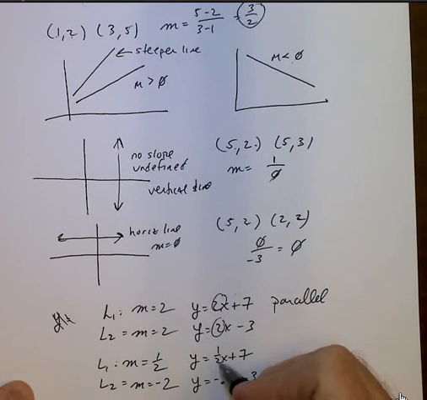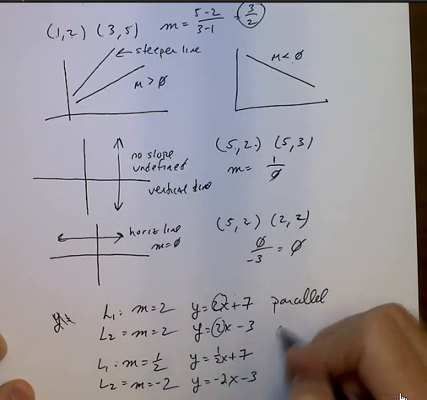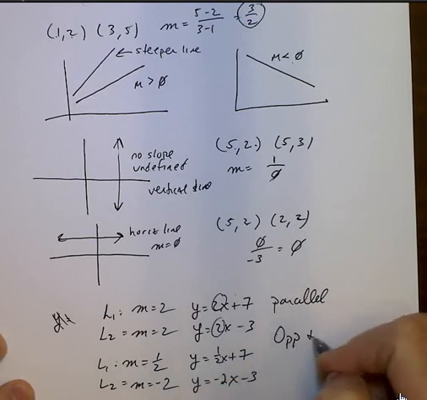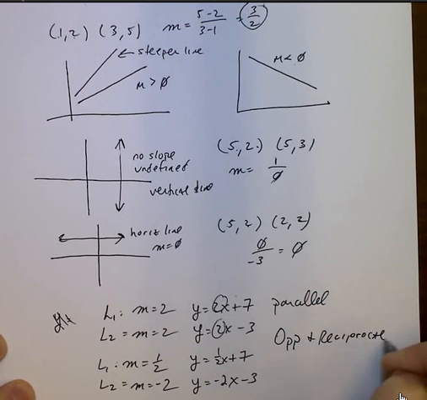Well, you can see that the sign has been switched from a positive to a negative, and you can see that the fraction has its reciprocal. The reciprocal of 1/2 is 2. So when we have opposite, meaning on the sign, and reciprocal slopes between two lines, both of these being true, we have perpendicular lines.